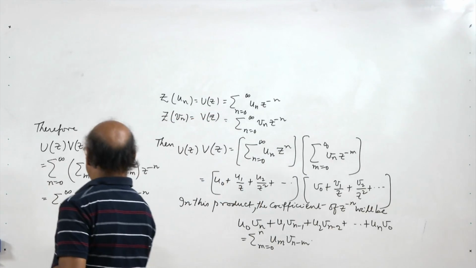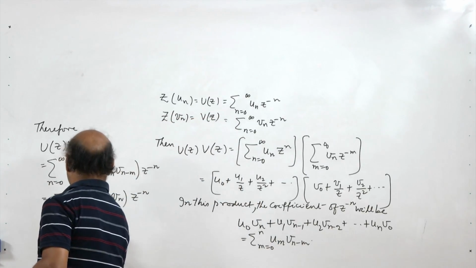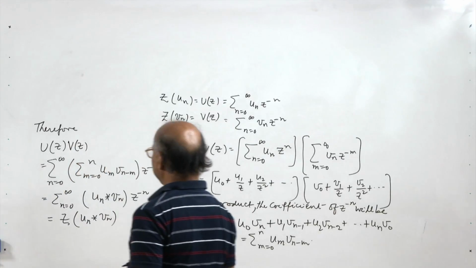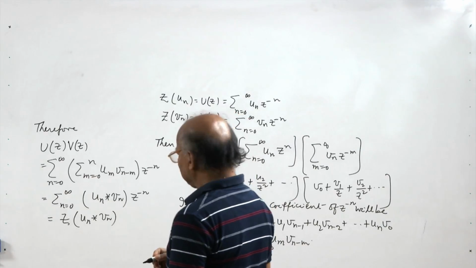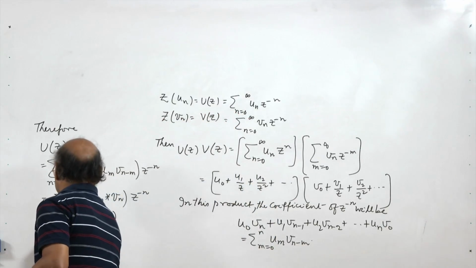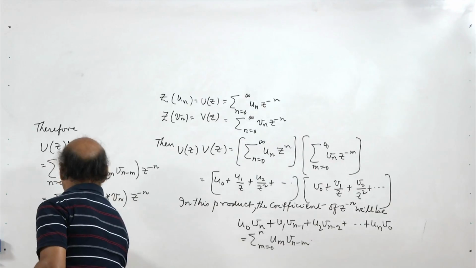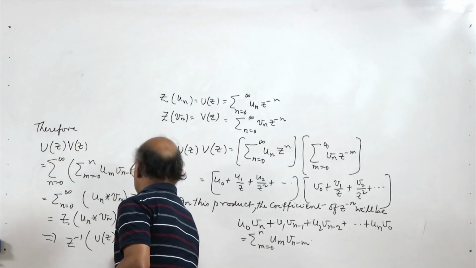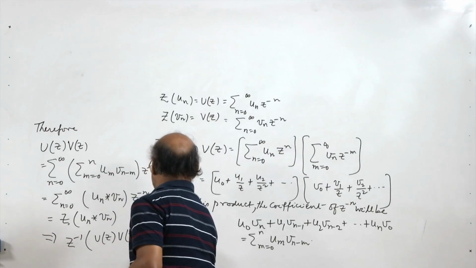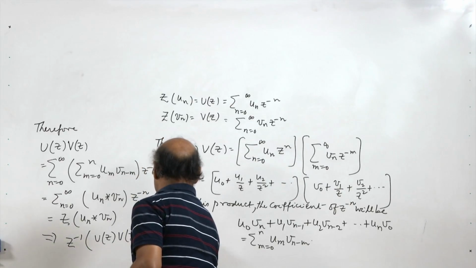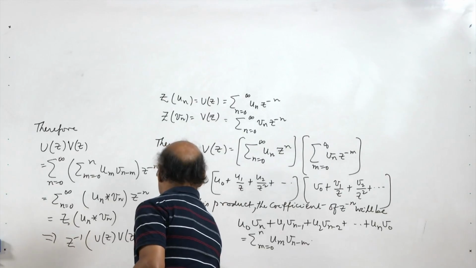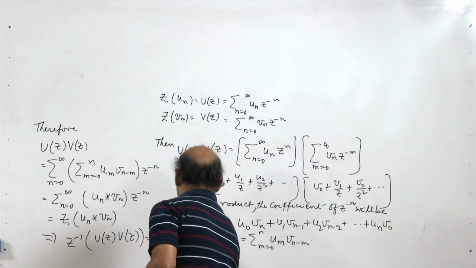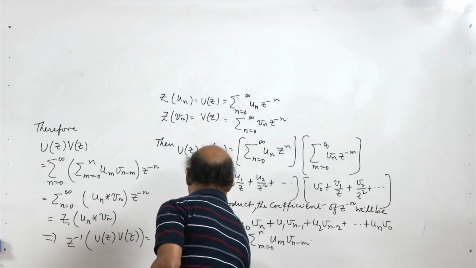So, this is the Z transform of u_n star v_n. From here we can say that Z inverse of U(z) into V(z) is equal to u_n star v_n, which is equal to summation m equal to 0 to n u_m v_(n minus m).